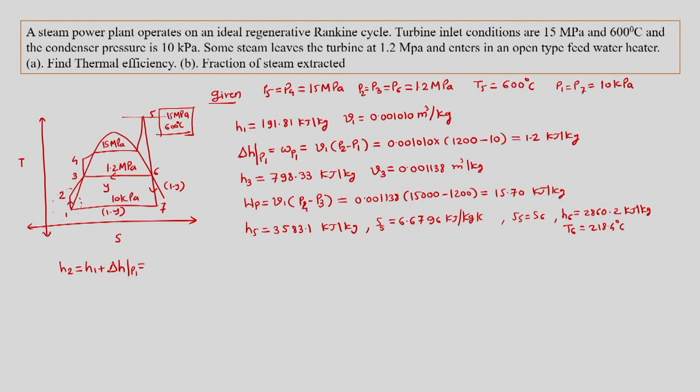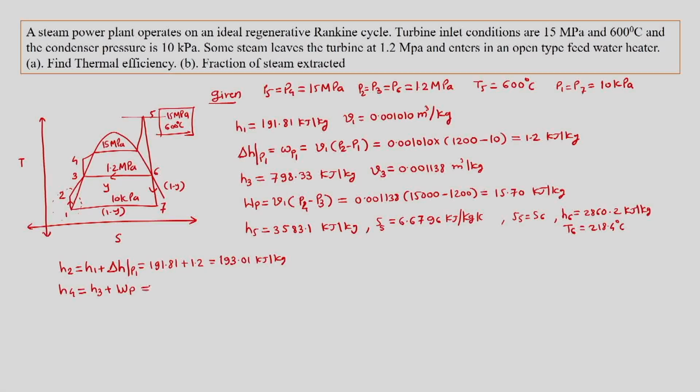H2 is equal to 191.81 plus 1.2, and this gives us H2 equal to 193.01 kilojoule per kg.